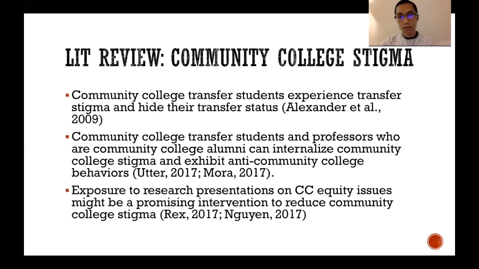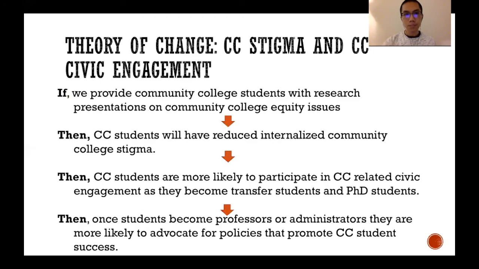But there are some promising interventions out there to reduce community college stigma, and one of them is being exposed to research presentations on community college equity issues. So my theory of change for community college stigma and community college-related civic engagement is that if we provide community college students with research presentations on community college equity issues, then community college students will have reduced internalized community college stigma.